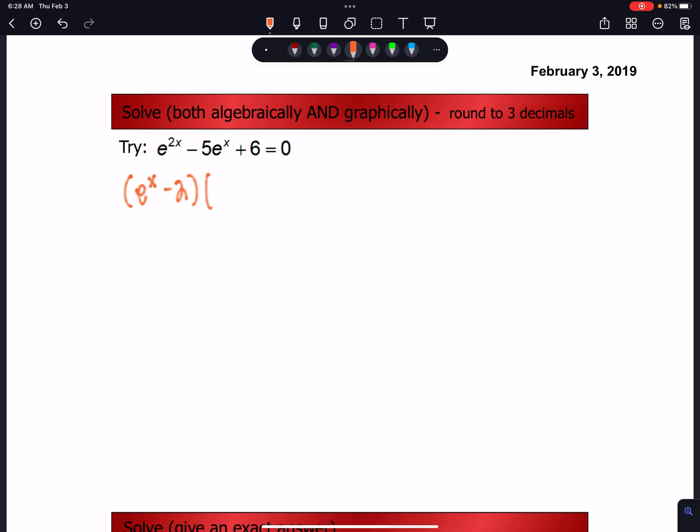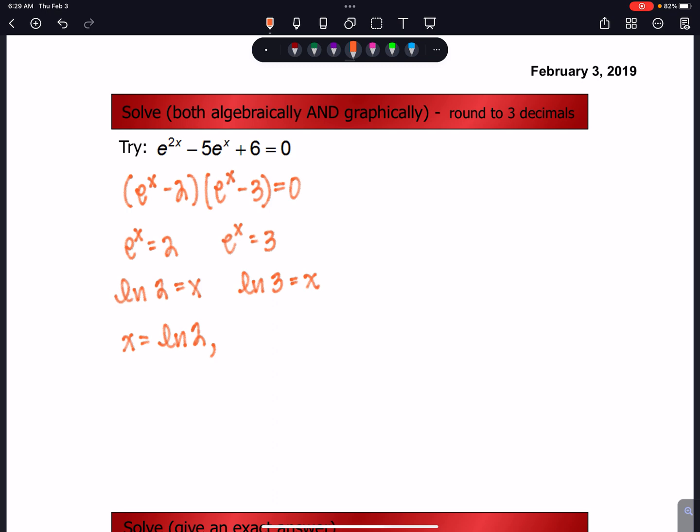The work is e to the x minus 2 times e to the x minus 3 equals 0. e to the x equals 2, e to the x equals 3. So we have the natural log of 2 is equal to x, and the natural log of 3 is equal to x. So x equals two values, the natural log of 2 and the natural log of 3. Those are exact answers.